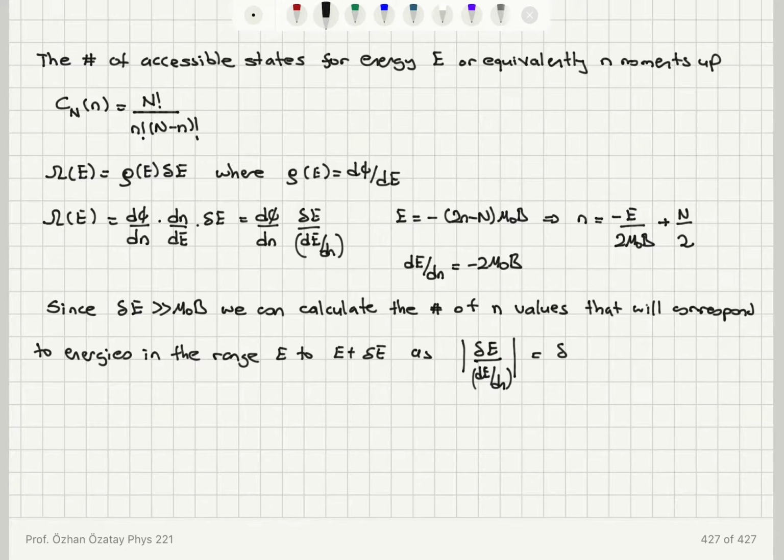So this is going to be delta E divided by 2 mu0 B.